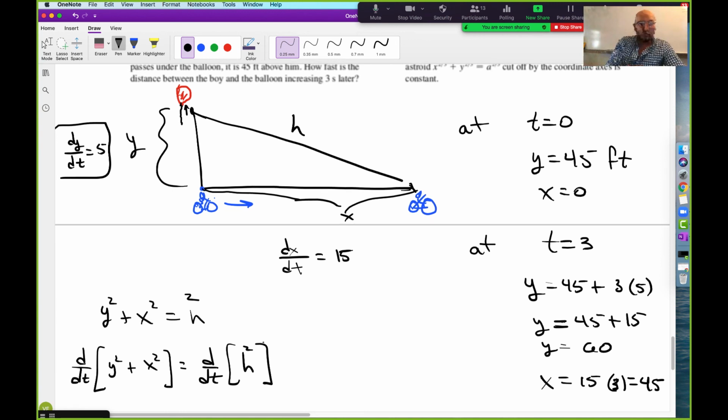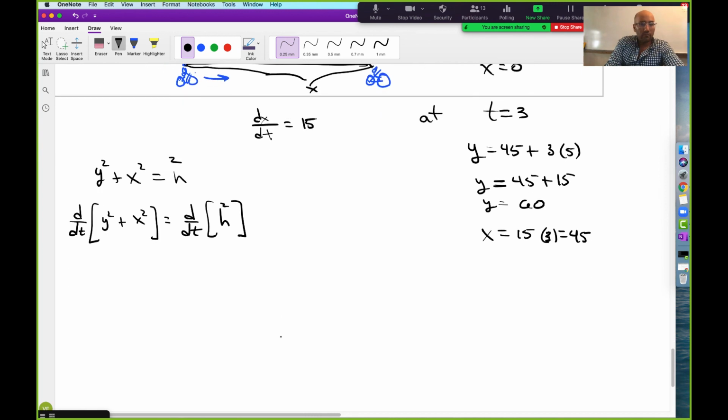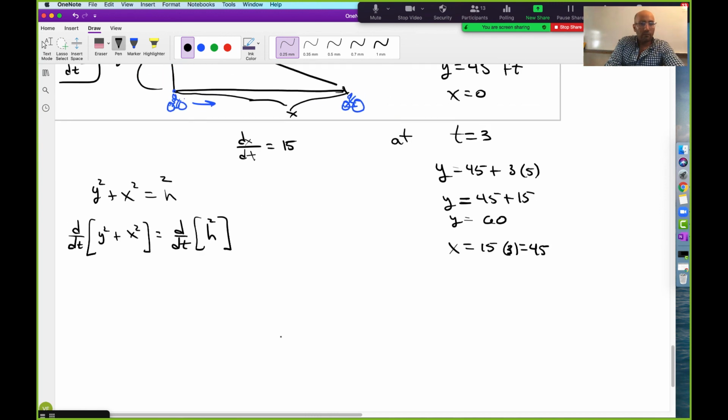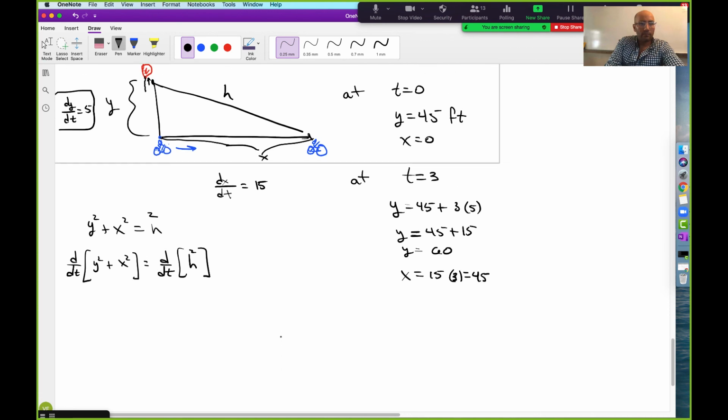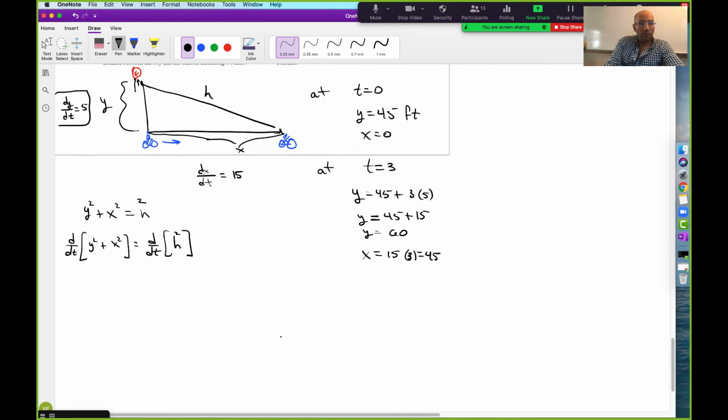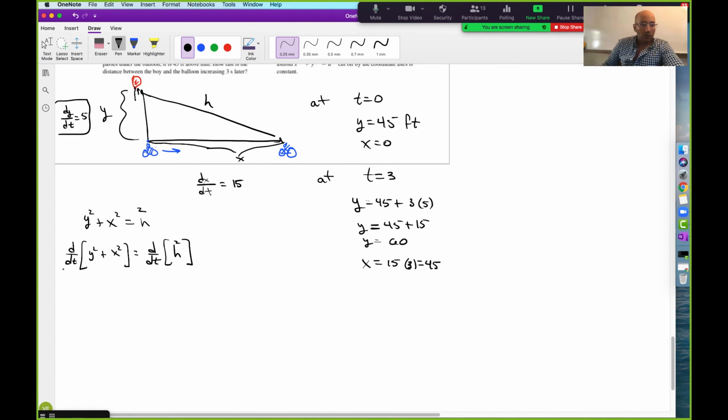Too big, let's zoom out a little bit. Okay, so this is going to be equal to 2y times dy/dt plus 2x times dx/dt equals 2h times dh/dt.